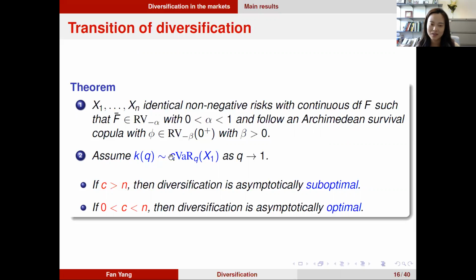But essentially C gives you the idea of how the diversification transitions. When this coefficient is larger, diversification is no longer optimal. So it's very essential to have K compared to the VaR here. This coefficient controls how the diversification transitions.